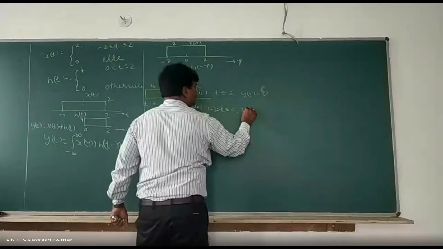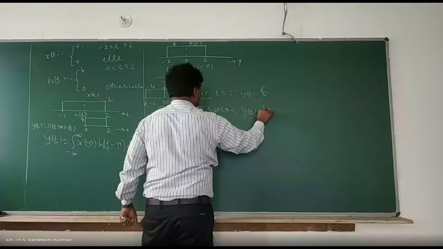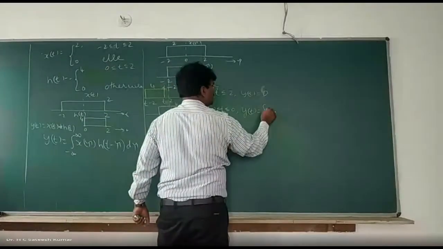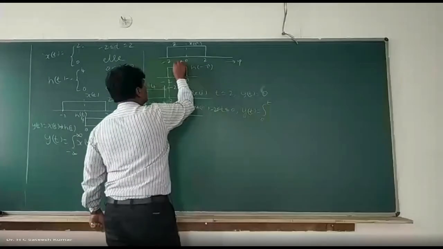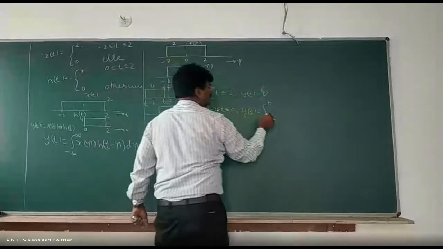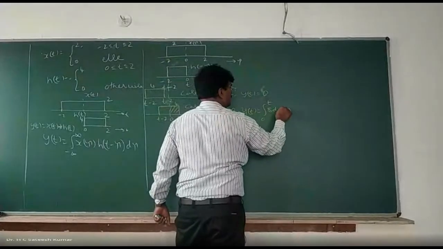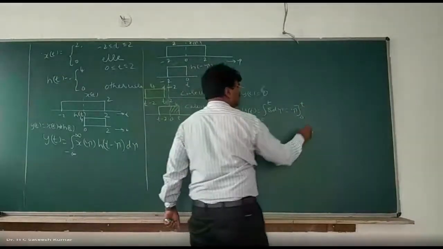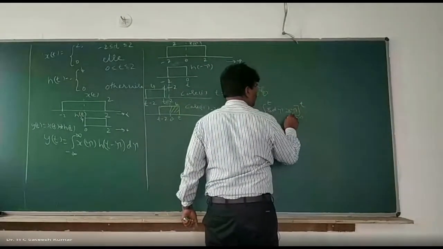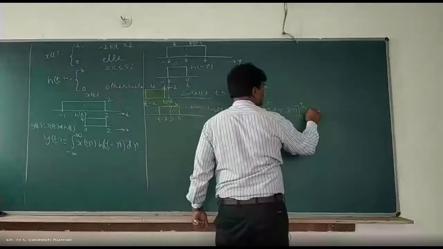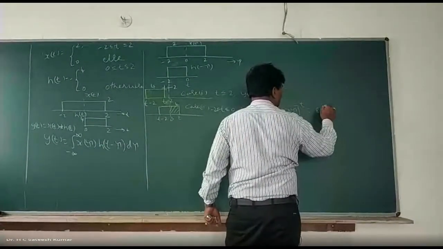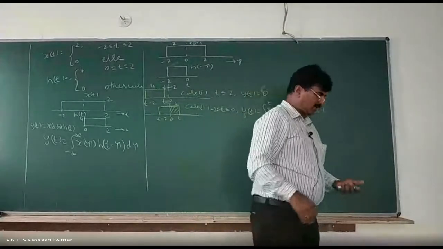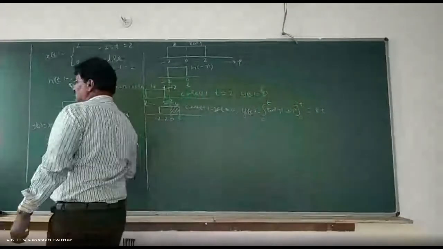Y of t is equal to integration from 0 to t of 4 into 2, which is 8 d tau, which is 8 tau between the limits 0 to t, which is equal to 8t. You will get it. Is it visible up to last? Okay, right. That is case number 2.